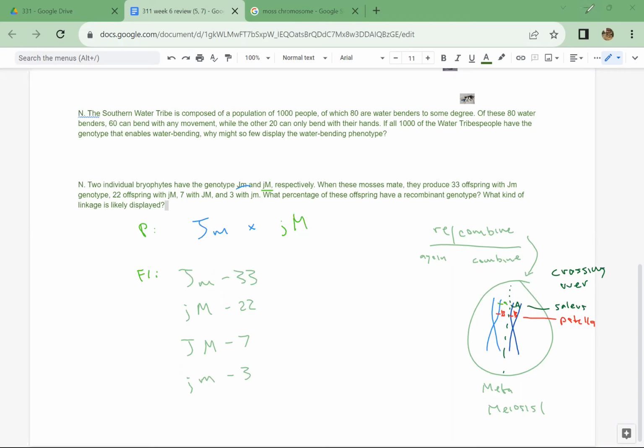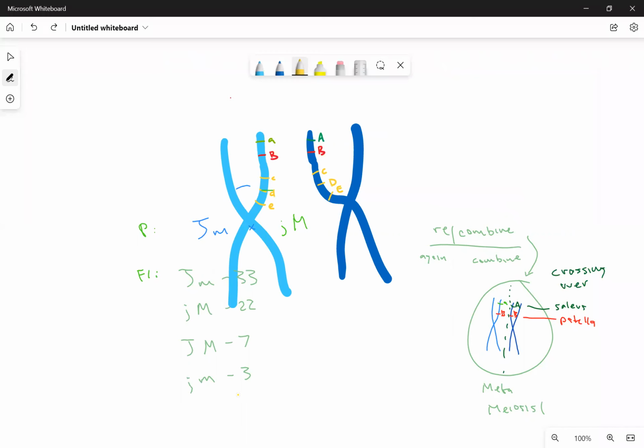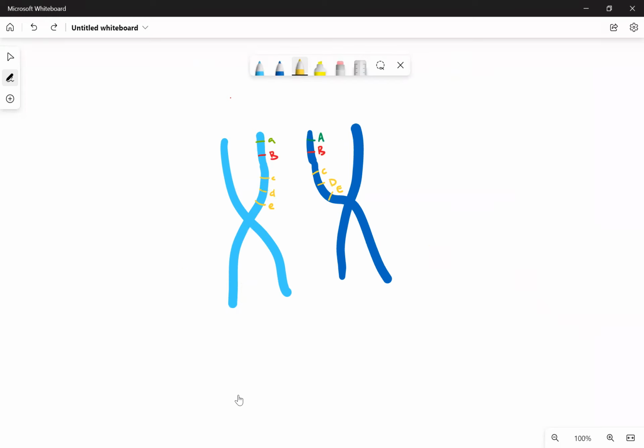So when our chromosomes align in the center during metaphase of meiosis 1, they align gene to gene, one for one, hopefully.